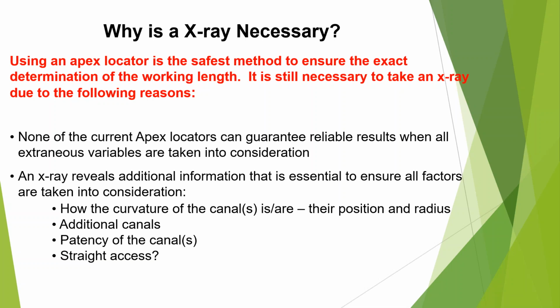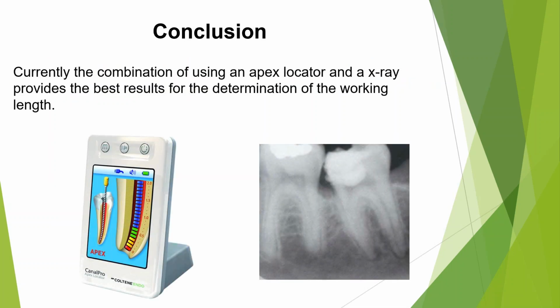As much as I love our x-ray and I say it gives you a virtual rendition of the canal, it kind of does, but it really doesn't. So next slide, please. In conclusion, the current combination of using an apex locator and x-ray provides the best results in determining your working lengths.